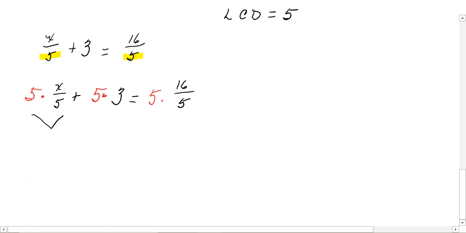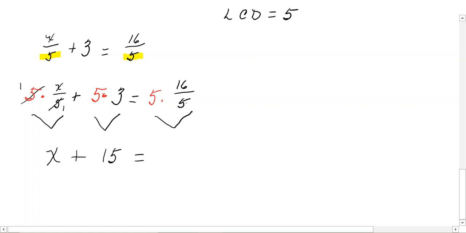So I have 1, 2, 3 little problems to look at. The first one, this 5 goes into the red 5 one time, and I'm left with x plus 5 times 3 is simply 15. Equal sign.